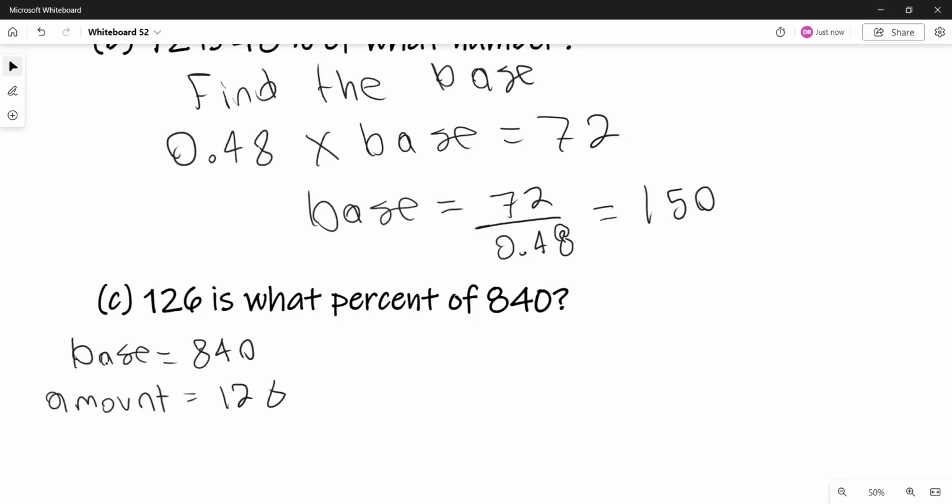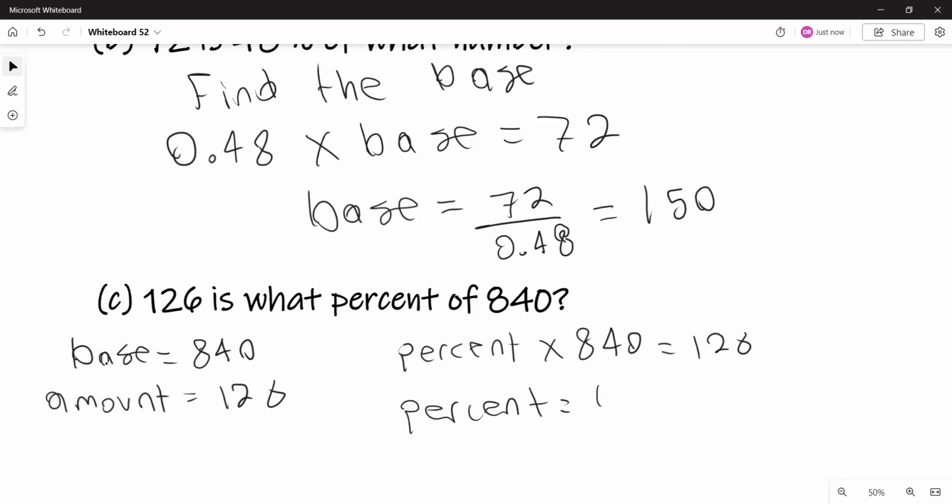So we're trying to find what percent of 840 is 126. So the percent is 126 over 840. As a decimal, this is 0.15, and as a percent it is 15%.